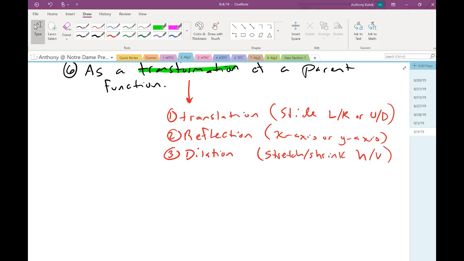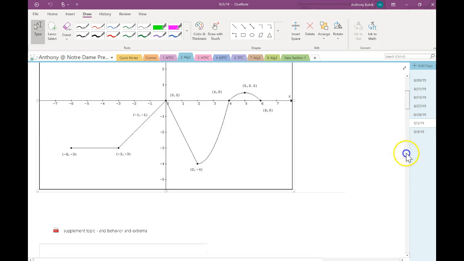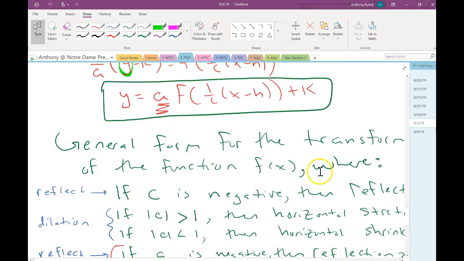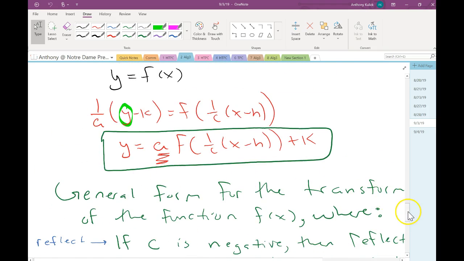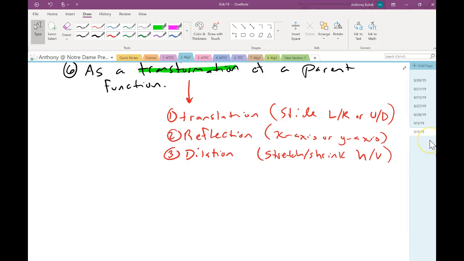And we ended, I believe, let me double check real quick. Yeah, okay. This guy. So we ended with the notion of thinking about the general form for a function.